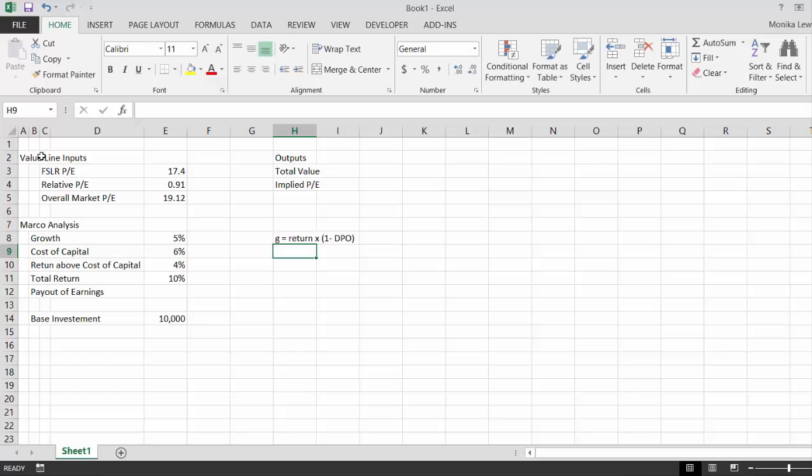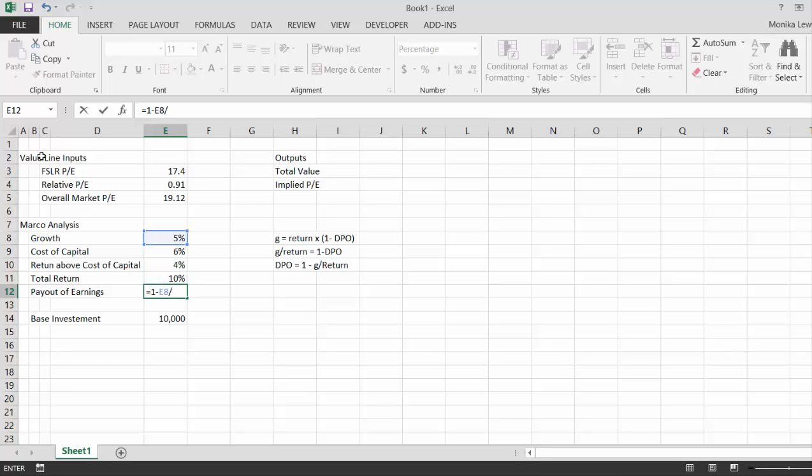And then you can reverse that around and put G over return equals 1 minus dividend payout ratio. And then finally you can say, well, dividend payout ratio equals 1 minus growth G divided by return. So our payout in this case is going to be 1 minus the growth rate divided by the total return. That's such a basic thing, but everybody uses this one and not enough people use this one.